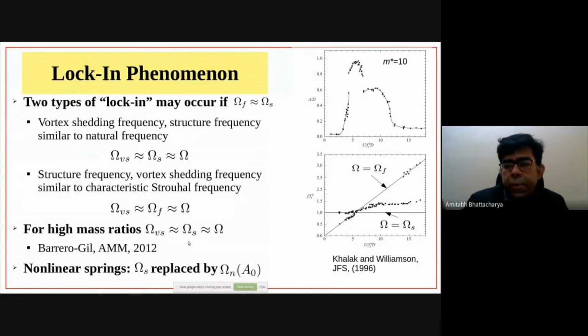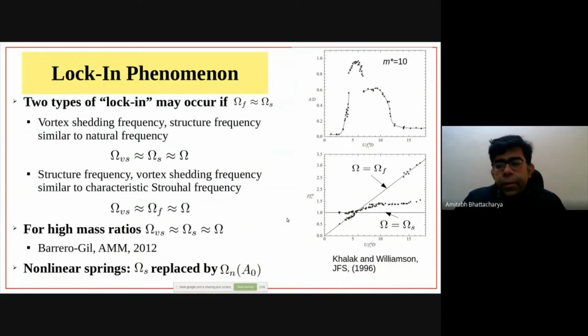So whenever you have large amplitude oscillations, this situation will happen when your mass ratio is high. When your mass ratio becomes, let's say, 20 or higher typically, then you can expect that the points lying on this Strouhal line will not correspond to very large amplitude oscillations, and only points lying on this line are going to correspond to very large amplitude oscillations.